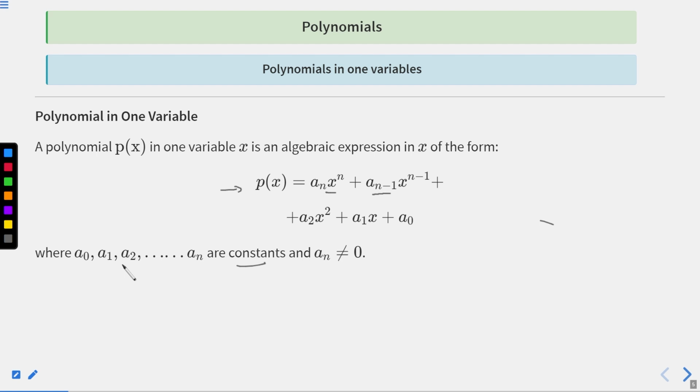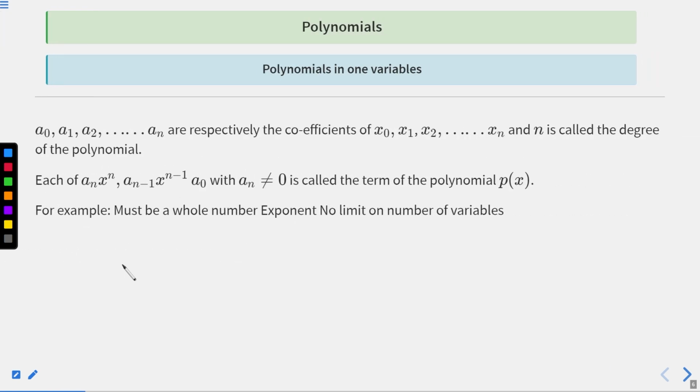Here a naught, a1, a2, dot dot an are respectively the coefficients of x naught, x1, x2 and dot dot dot xn.